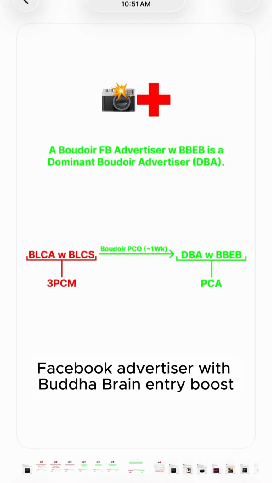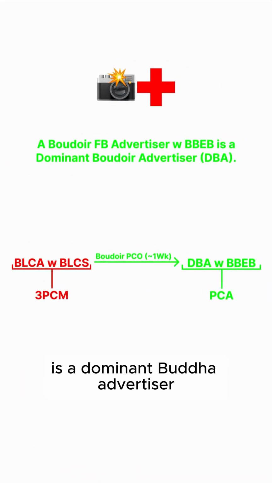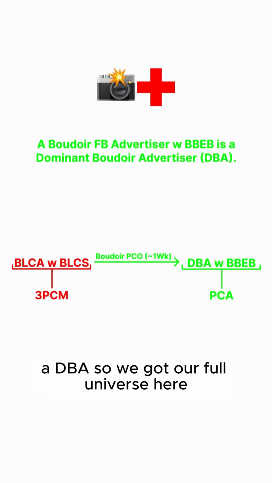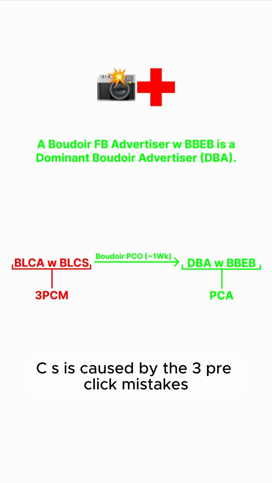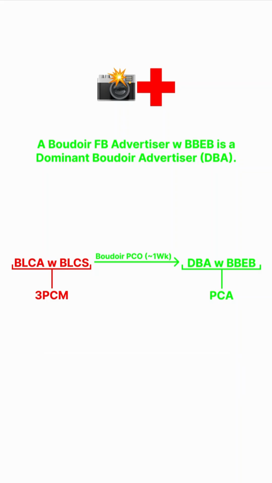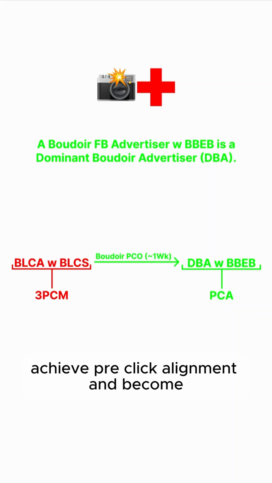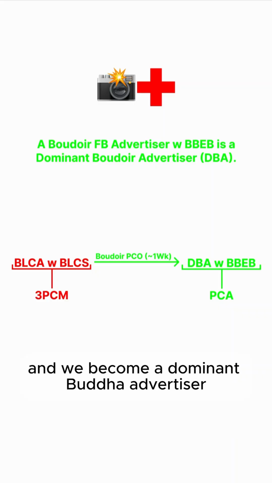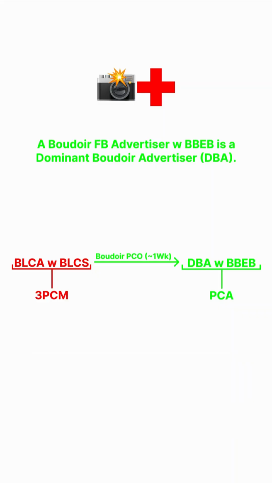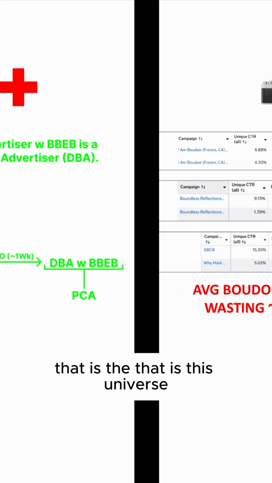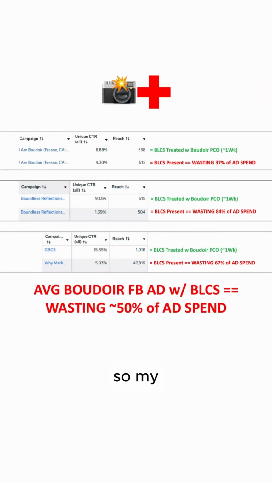And a Boudoir Facebook advertiser with Boudoir brain entry boost is a dominant Boudoir advertiser, a DBA. So we've got our full universe here. A BLCA with BLCS is caused by the 3 pre-click mistakes. It's easy, treated with Boudoir PICO, takes about a week. Achieve pre-click alignment and we become a dominant Boudoir advertiser with Boudoir brain entry boost. That is this universe.